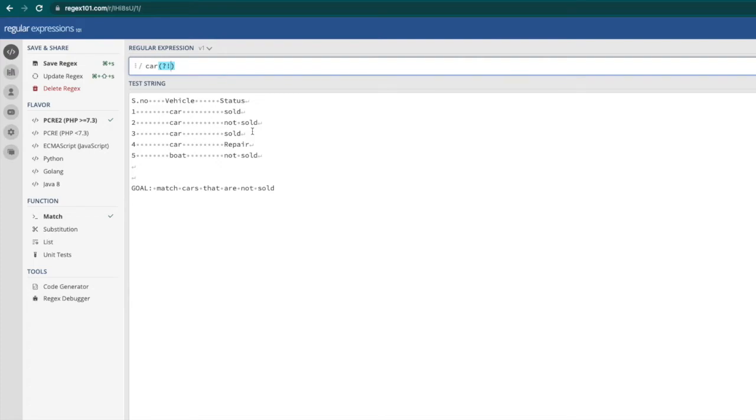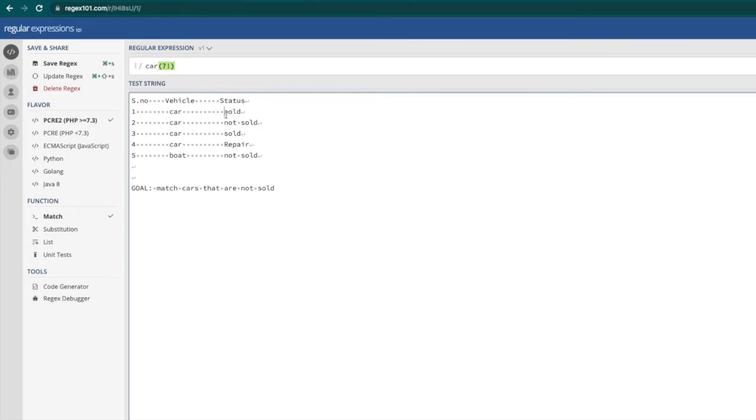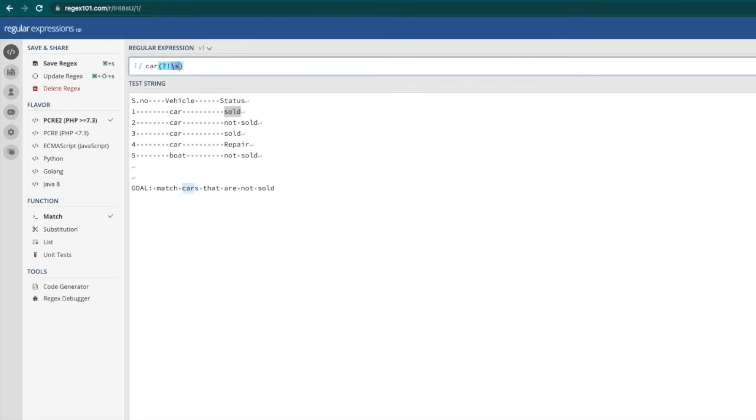So in this case, what is coming after the car? What don't we want to match after the car? It would be a number of spaces, at least one space, right? And then the word sold. We don't want to have that. So we already know how to do that. Any number of spaces, backslash s to match any type of space, and then a plus sign, so one or more.